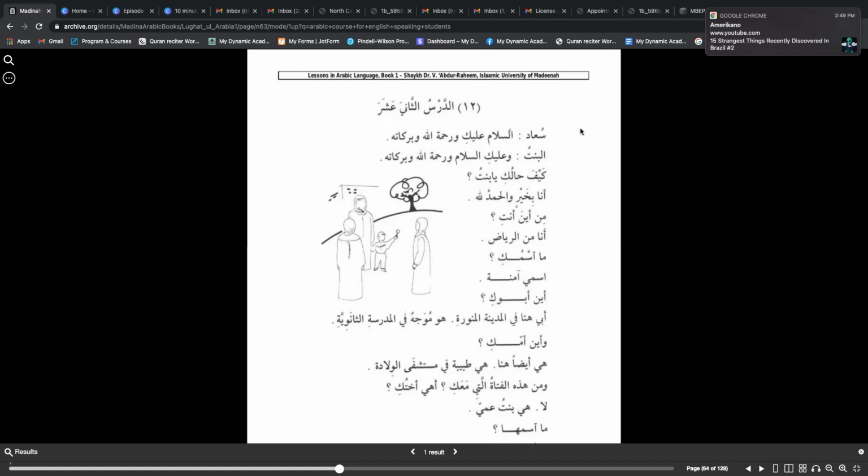Allati. As-sa'atu allati. So when you have a word in front of it, just like with alladhi, when something's in front of it, yani that connects to it, you have a hamzat wasl, so you go straight to the lam with the shadda. So same thing with allati, you don't say as-sa'atu allati with the hamza, you go straight to the lam in allati.